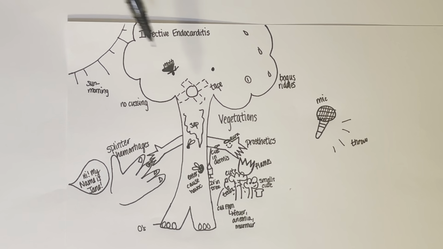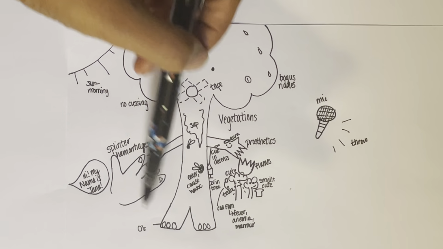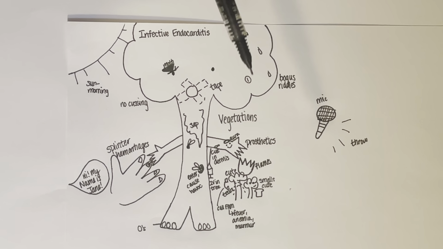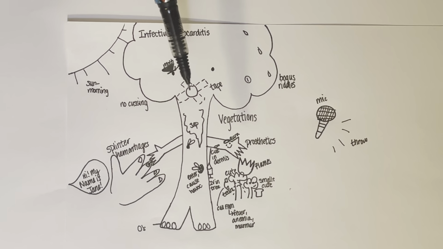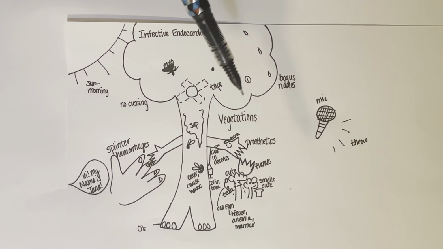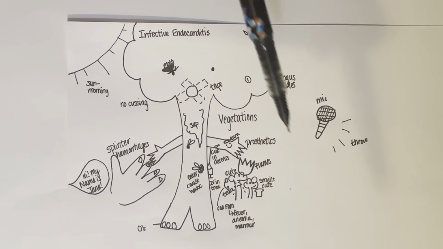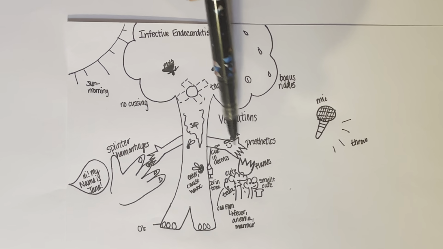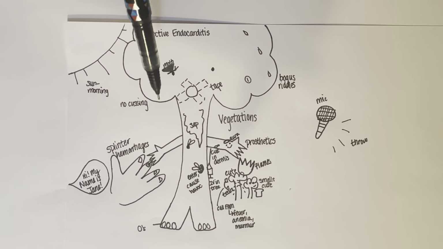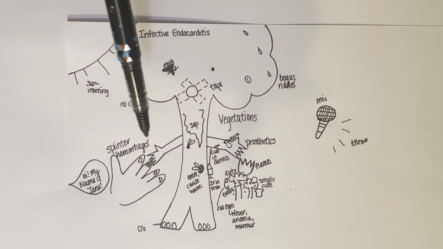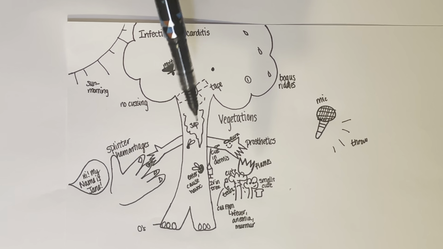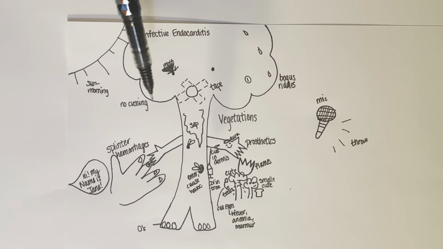The large tree is to help you remember that there are vegetations present in the heart in this pathology. Here, the trees normally don't have arms, but this one has these prosthetic arms to help you remember that prosthetic heart valves make up some of the cases of infective endocarditis.